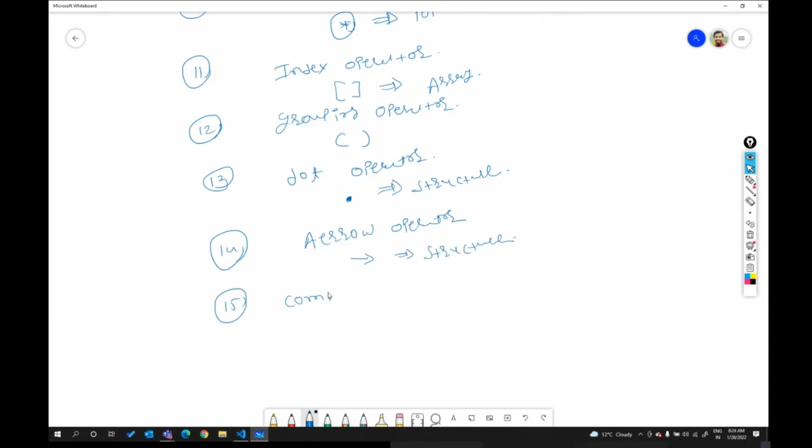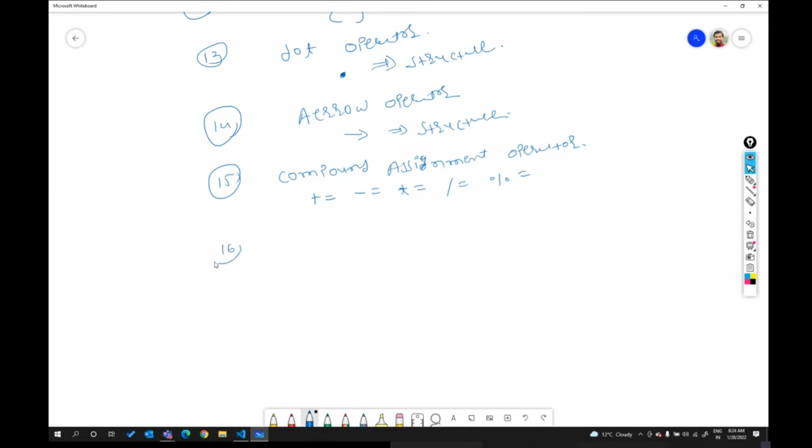Compound assignment operator. This I already showed you yesterday. This is used when we have to do addition or subtraction with the variable itself. At that time we use this operator: addition, subtraction, multiplication, division, modulus. For that use the name is compound assignment operator. Next one is the sizeof operator. This we have also seen yesterday.